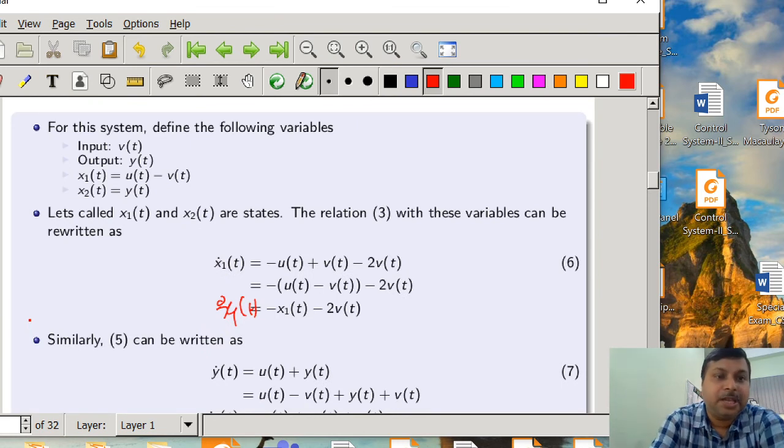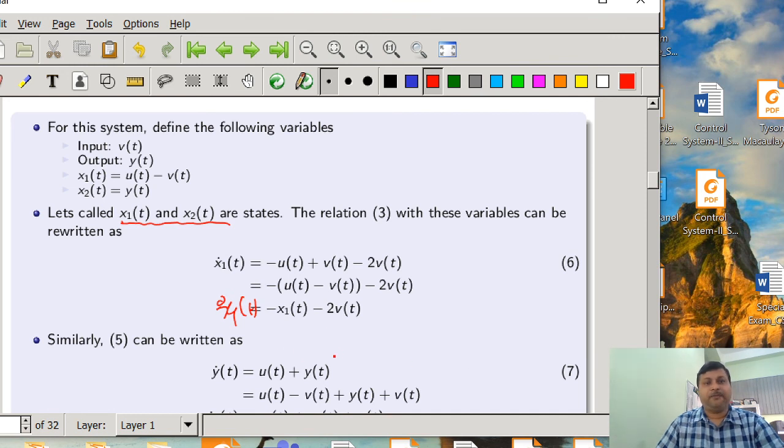That's why I said let's call x1(t) and x2(t) the states. The initial conditions of these states are required to be known. Otherwise, if you assume they are zero, it may lead to disaster or a wrong decision.